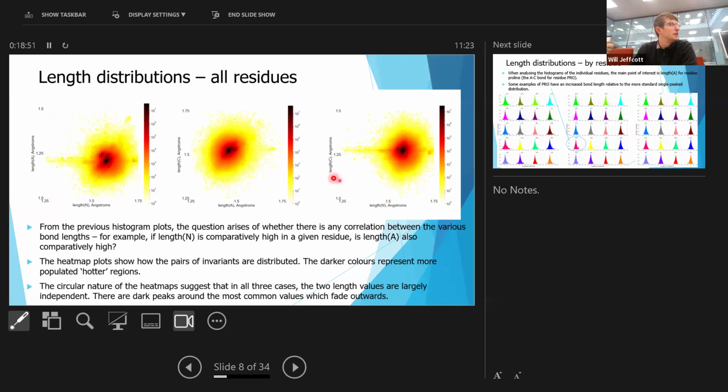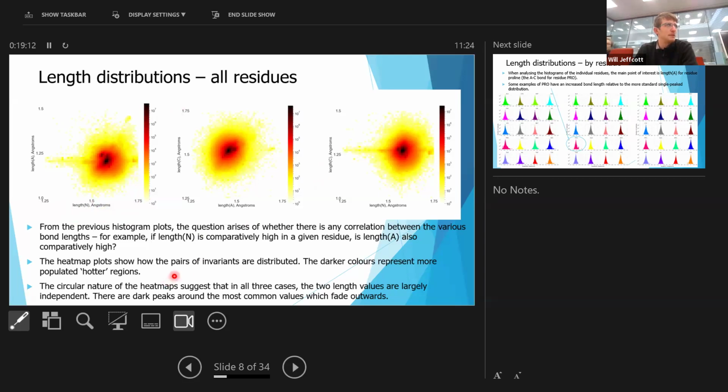So we basically do a 2-way plot of the lengths. Here for the first one, we've got length A on the y-axis and length N on the x-axis, and we plot all 3 combinations of the lengths to see whether there's any correlation.